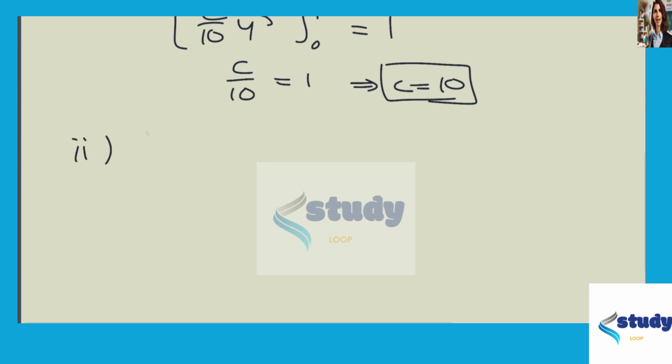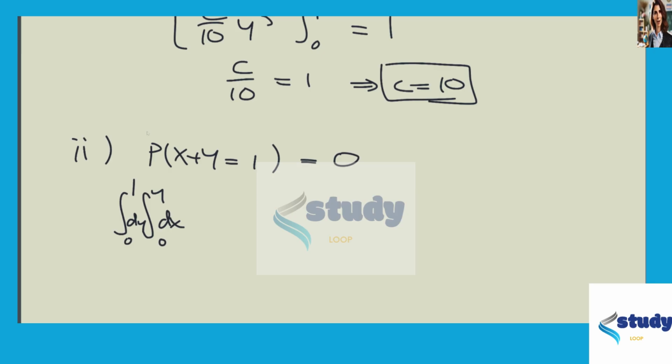Part 2, we need the probability that x plus y is equal to 1. And this is obviously going to be 0, because we can see what this is. So this is the integral dx from 0 to y, and the integral dy from 0 to 1 of the probability that x plus y is equal to 1.